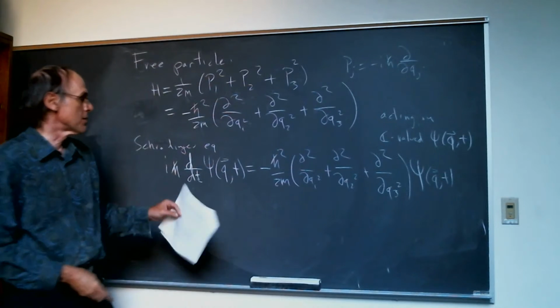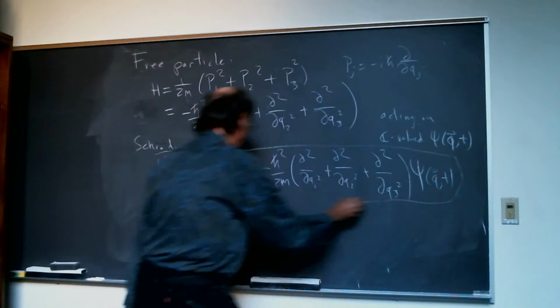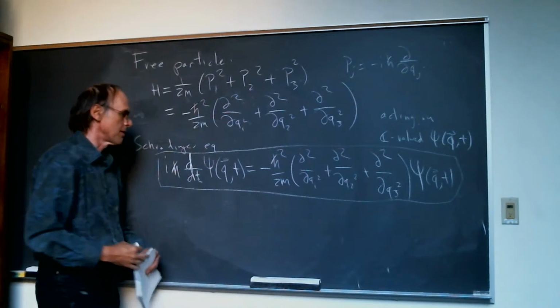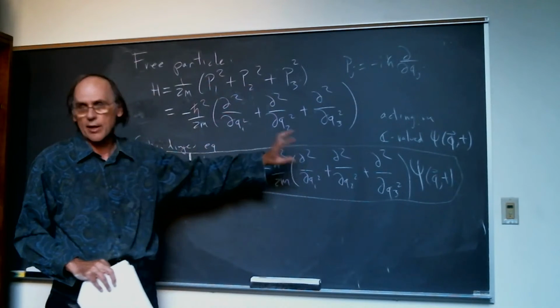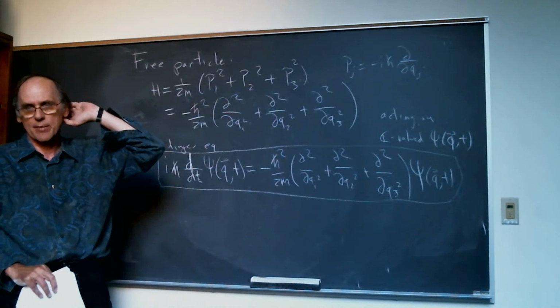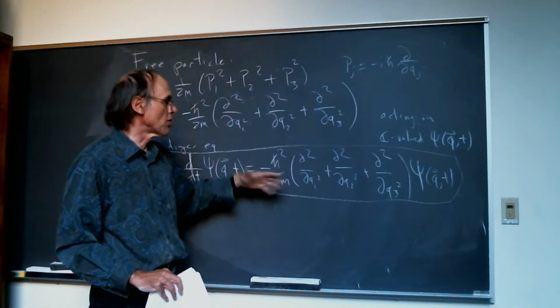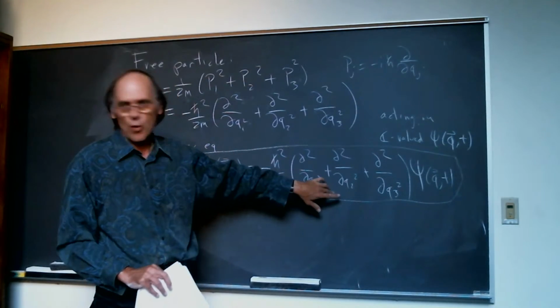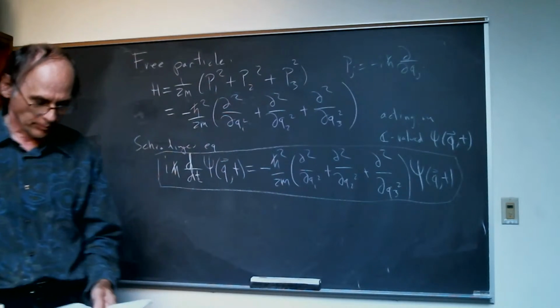This is what you'll find described at length in any physics textbook. Often the starting point in a physics textbook is to take some physical motivation for why this is the right Schrodinger equation to describe a free particle.